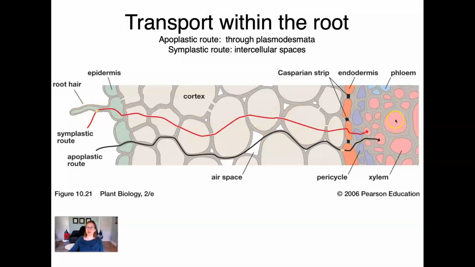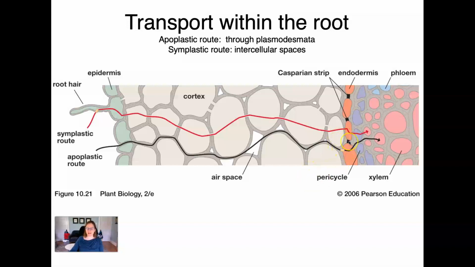Those solutes are able to move through the plant easily. Apoplastic movement actually needs a filter, and the filter for apoplastically transported ions is here in the endodermis.